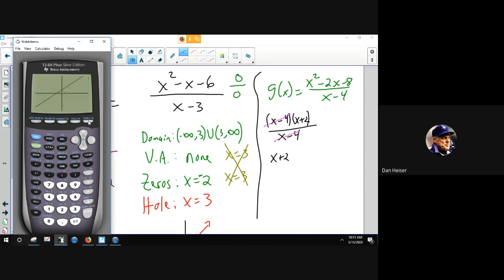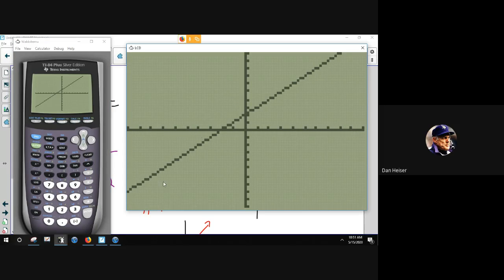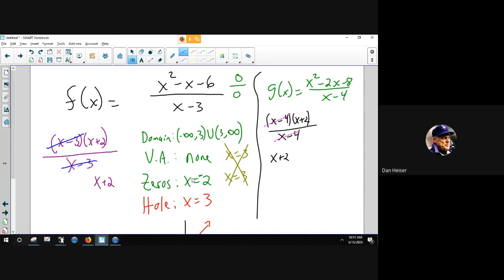And when I graph it, let's get the big screen. The graphs are identical. They're the same thing. No. They are not the same thing. That's another reason we need the hole. These are not the same things.